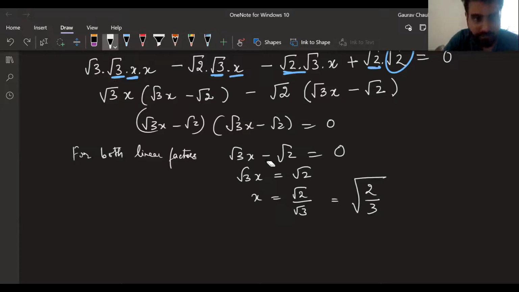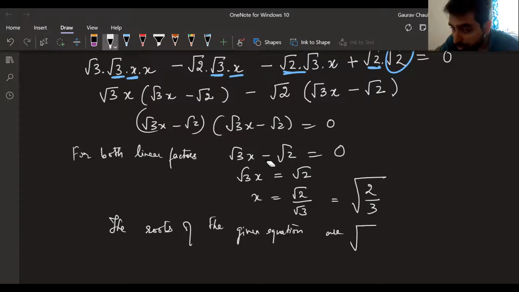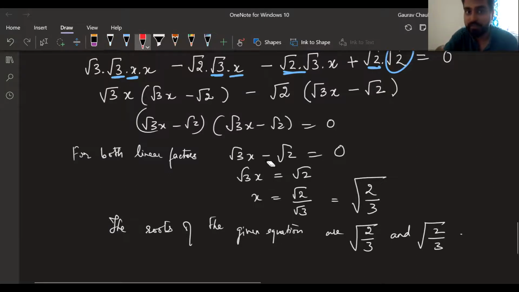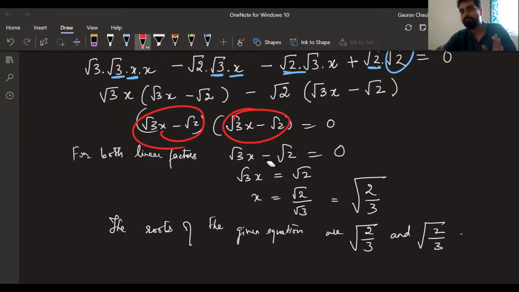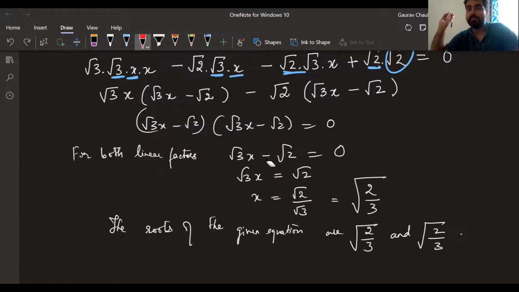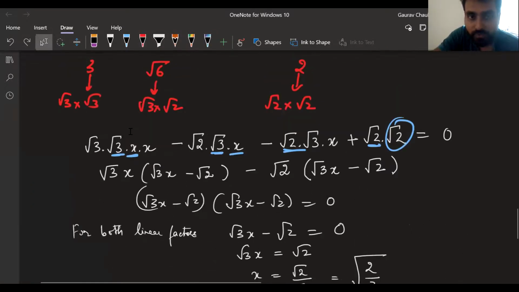Sorry, I'm confusing you, but when you write the answer, you should write: the roots of the given quadratic equation are root over 2 by 3 and root over 2 by 3, because 2 times you're finding it, one from this one and one from this one. So you must write like that. Does that make sense?